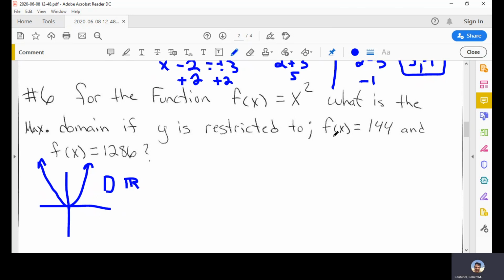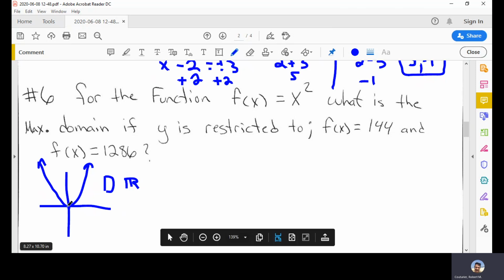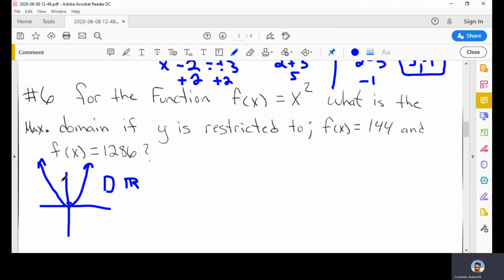Okay? And here it says, well, f of x is going to equal 144, and f of x equals 1286. So basically what they're saying is, can we use y equals 1? No, it doesn't fall within that range from 144 to 1286. We can't even start figuring out what y's or what x's we're using until we get up to here where y equals 144.